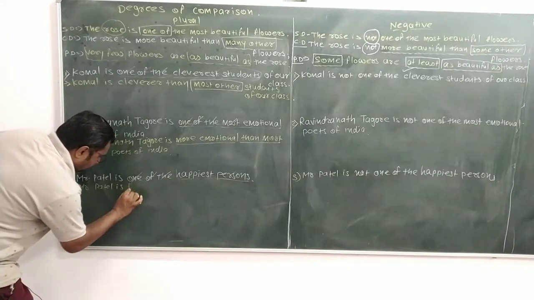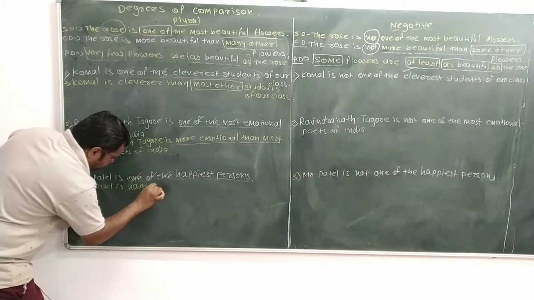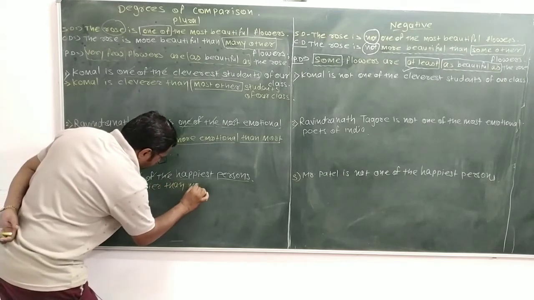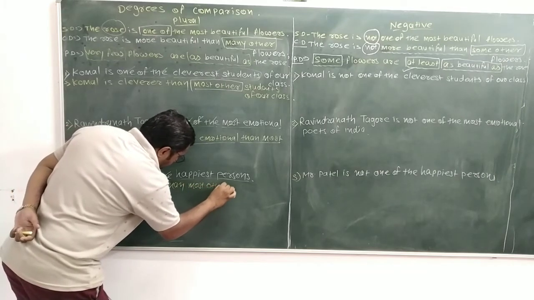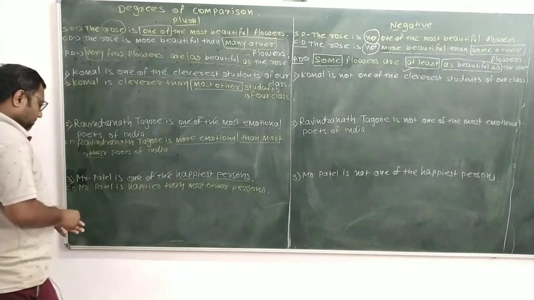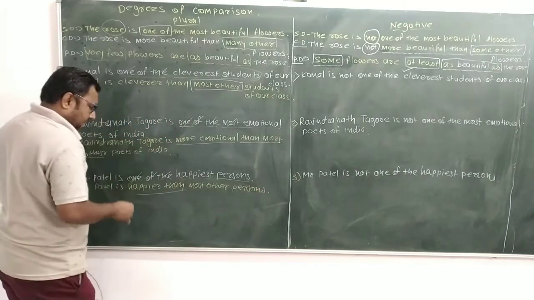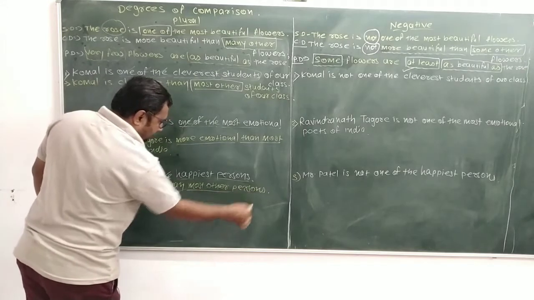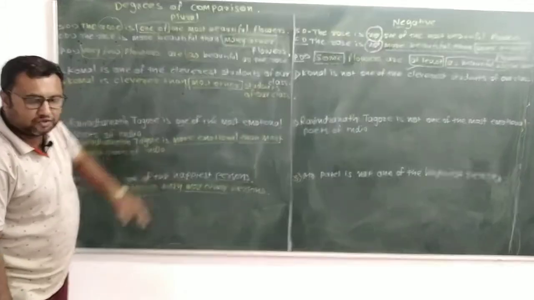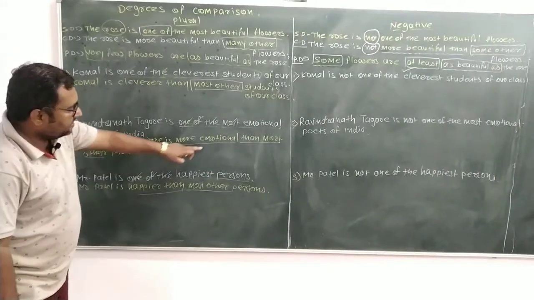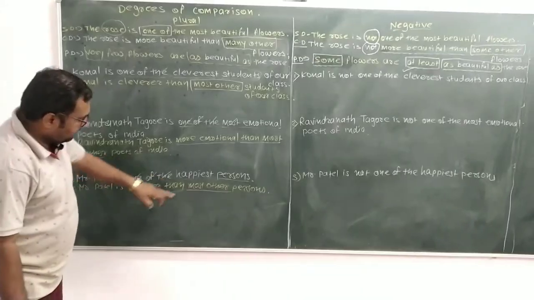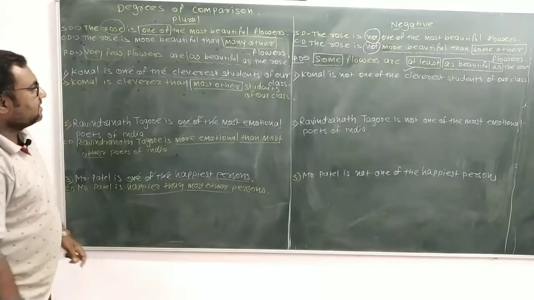So happier, Mr. Patel is happier than most other persons. So Mr. Patel is happier than most other persons. Komal is cleverer than most other students. Rabindranath Tagore is more emotional than most other poets. Mr. Patel is happier than most other persons.